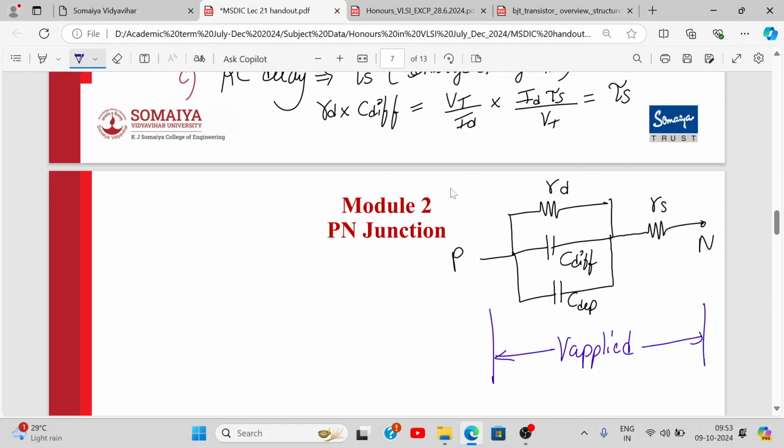Because of that series resistance, there will be an IR drop. If a current flows through it, this drop is I into RS. So this will be the extra IR drop. This RS is less than 1 ohm, so the IR drop will be very small, but it's there. The applied voltage is dropped across this series resistance, and there are three elements over here: RD, C depletion, and C diffusion.